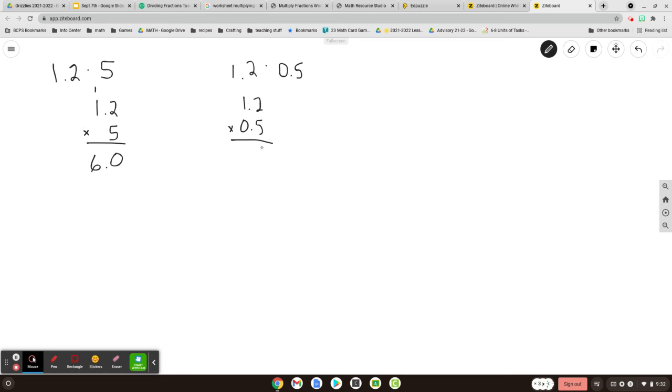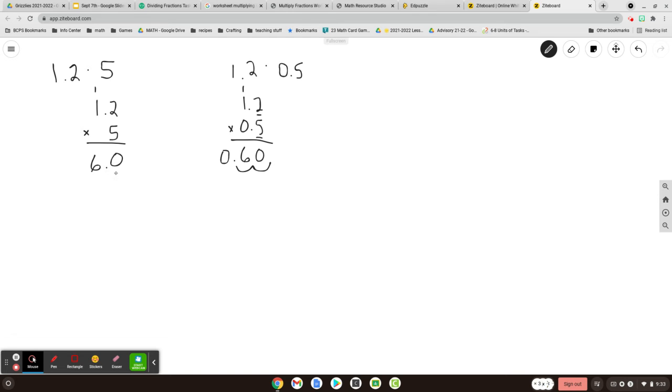And of course, 5 times 2 is yet again 10. Regrouping. 5 times 1 is again 5. And add that 1 that we regrouped. Now we've got one number and another number to the right of the decimal. So instead of keeping our decimal over here to the right like we're used to, we are going to move it 2 units to the left, and our new answer becomes 6/10.